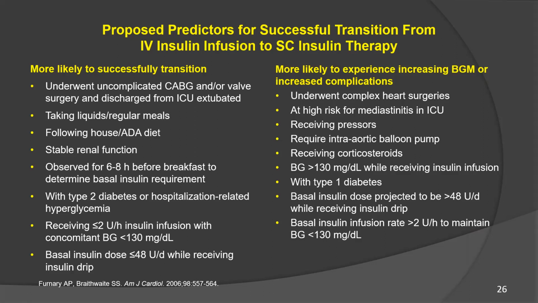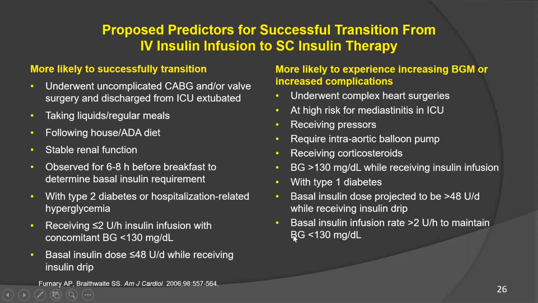Basal insulin dose has been less than 48 units per day while receiving insulin infusion. So when you calculate the total daily dose through the method that I've described previously, the requirement has been less than 48 units per day. So these are the people who would likely be successfully continuing the sub-Q treatment as you will prescribe it.